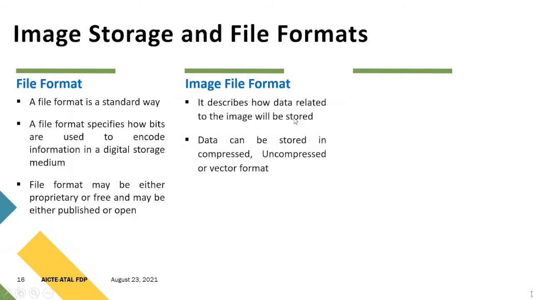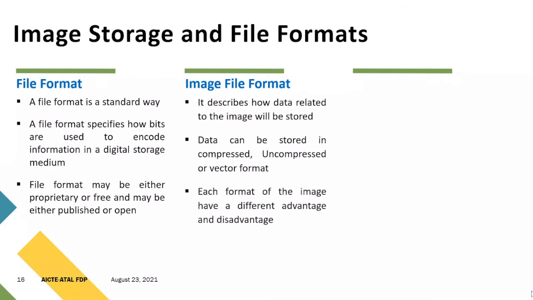In that particular file format, we can store compressed or uncompressed images, raster images and vector images. So that format gives you flexibility. And each image format has different advantages and disadvantages.